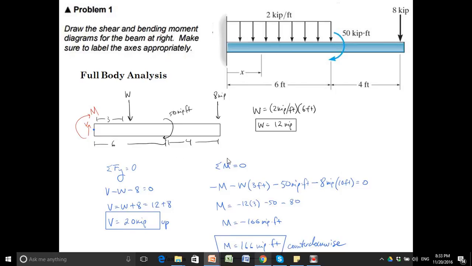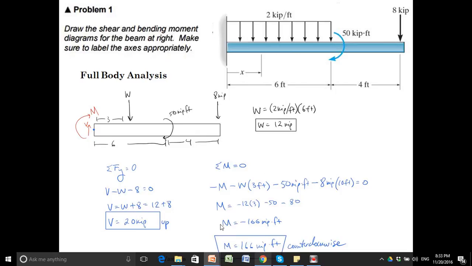Then I move on to the moment. So here we have moment going clockwise, so negative M, another clockwise rotation, minus W times 3 feet, clockwise, so minus 36, and then another clockwise, minus 8 times 10 feet.